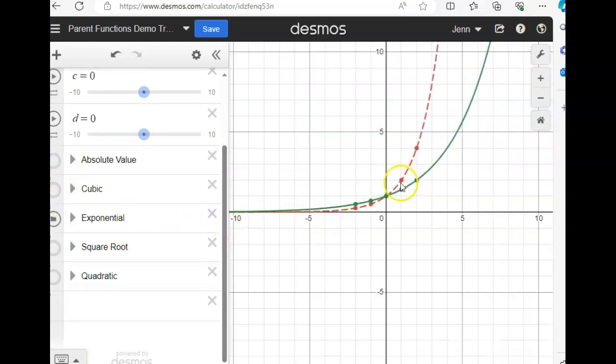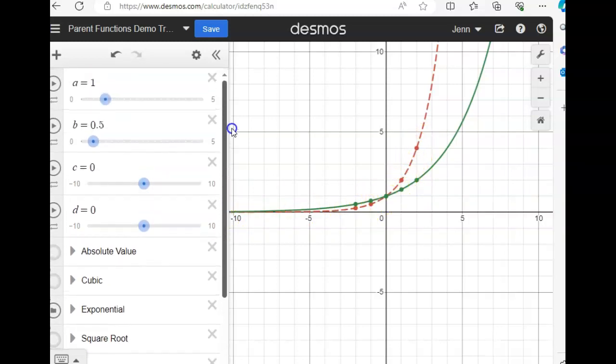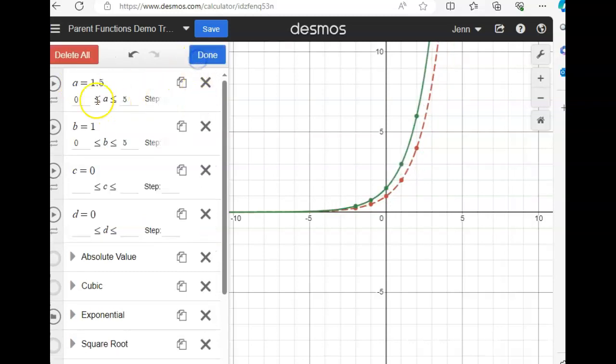The graph in red here represents the parent function, which I'm not going to change. I'm going to just change the a value and the b value. So again, that a value, remember when it went negative, I didn't save it. Let me change my settings here. Negative. There is no value there.